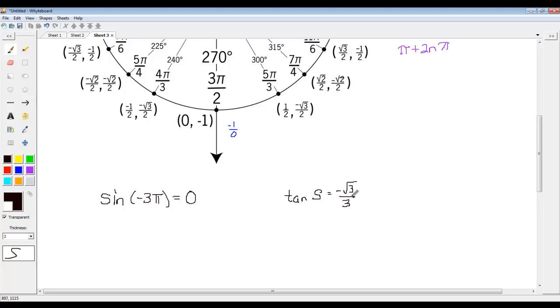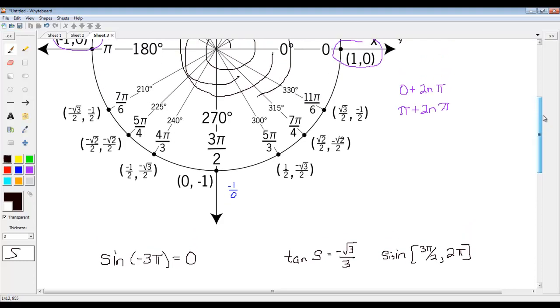But they also tell you that s is in the interval from 3 pi over 2 to 2 pi. Okay, so that's not sine, that's s, the arc length, in that interval.